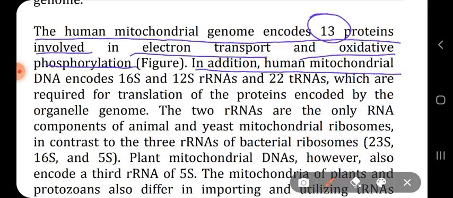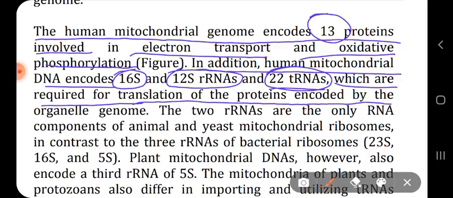In addition, human mitochondrial DNA encodes 16S and 12S ribosomal RNA, also called rRNA, and 22 types of transfer RNA, called tRNA, which are required for translation of proteins encoded by that organelle genome. So the human mitochondrial genome codes for 13 proteins involved in the electron transport chain and oxidative phosphorylation.